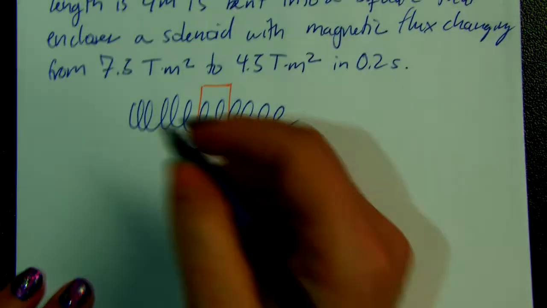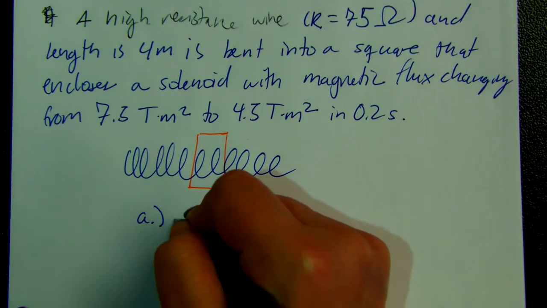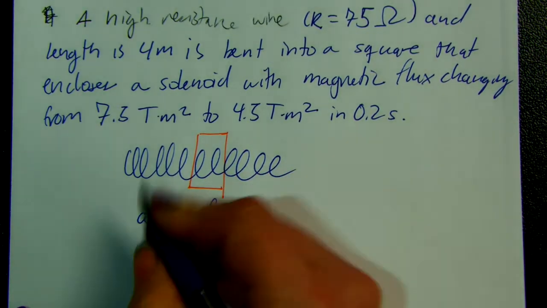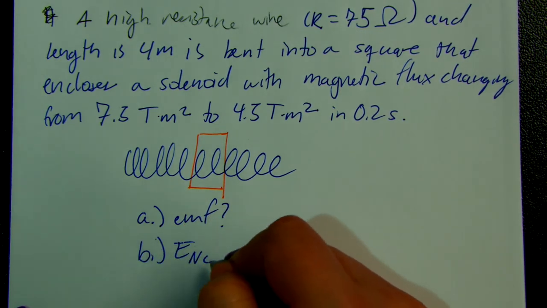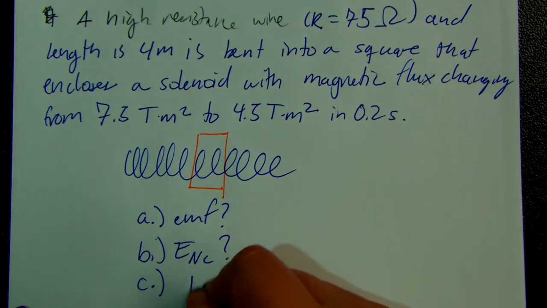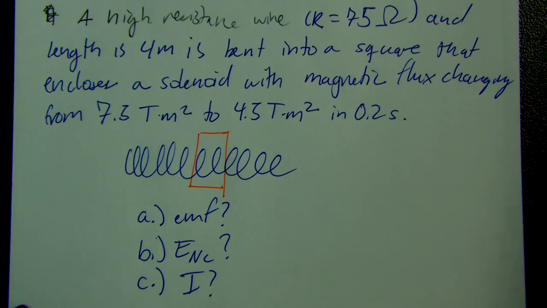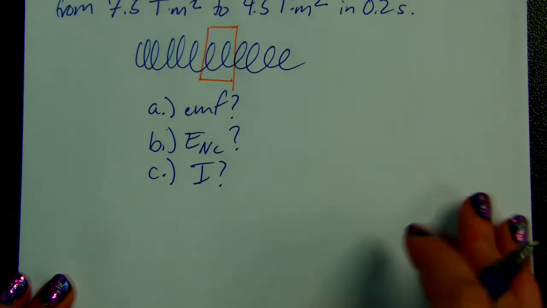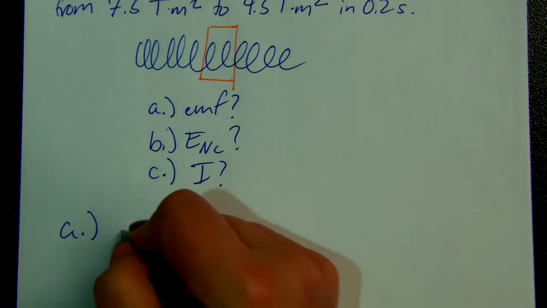So what we want to look for, based on these parameters, is the EMF, the non-Coulomb electric field, and the current. Okay, so let's start off with part A, looking at the EMF.